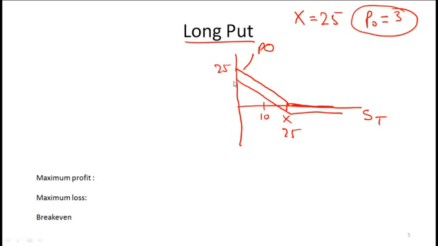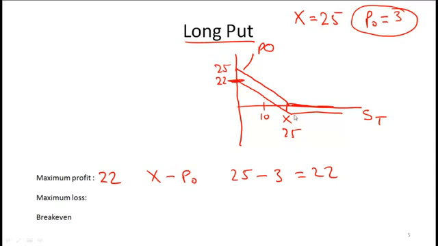So what is our maximum possible profit now? The maximum possible profit is 22. How do we get that? It is simply equal to the strike price minus P0. In our example, the strike price is 25, P0 is 3. So our maximum possible profit is 22.